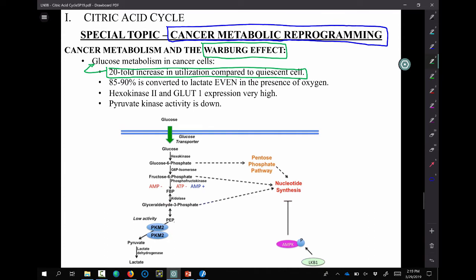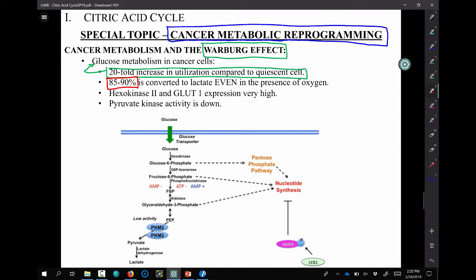Now, interestingly, in terms of the Warburg effect, 85 to 90% of the glucose that makes it to pyruvate will be converted to lactate. And they will then excrete significant amounts of lactate, these cells.